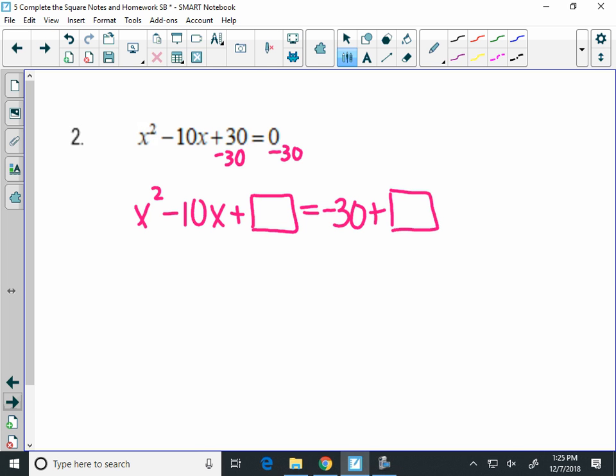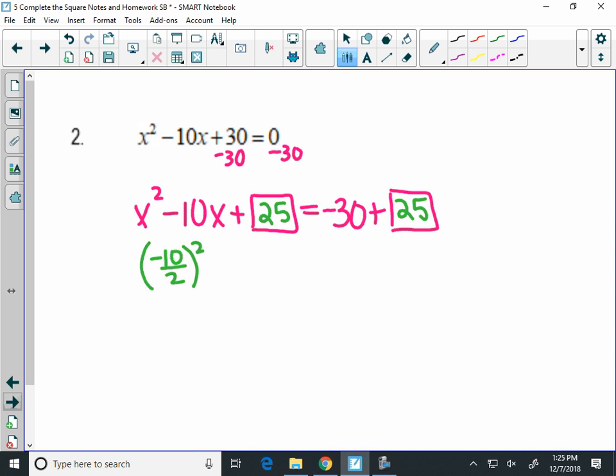Now, to fill in the box, just as in the other problems, you take that middle number, divide it by 2, and square it. What's negative 10 divided by 2? Negative 5, and negative 5 squared is 25. So I'll put 25 in both boxes.